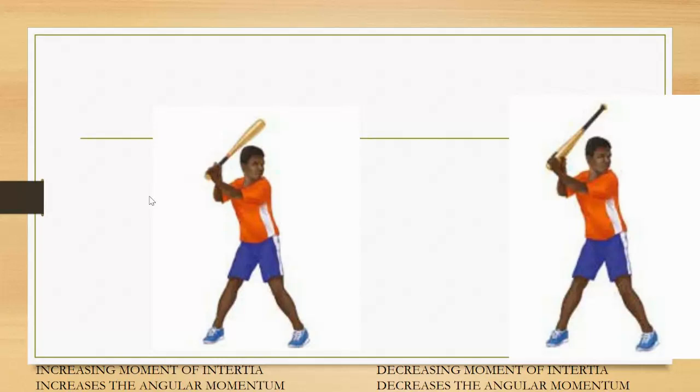Because if you look at the one on the left-hand side, the mass is at the opposite end of the bat, the opposite end to his hands. When we look at the picture on the right, he's holding the wrong side of the bat. Well, what that means is that most of the mass is going to be right where the axis is.